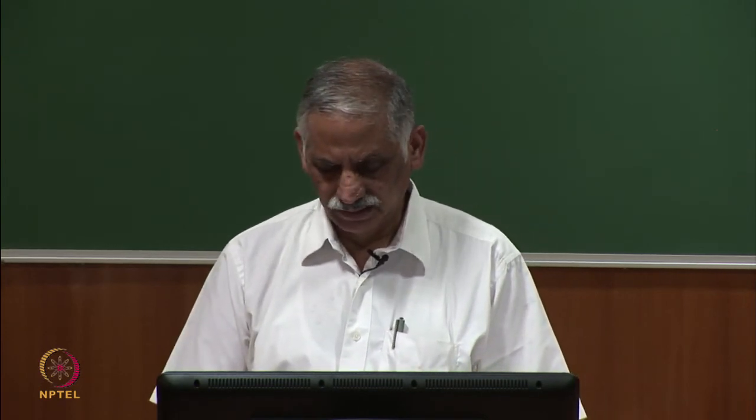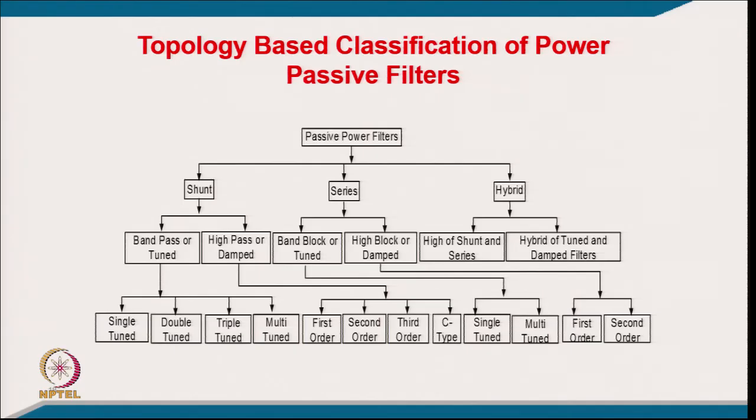Sometimes the third harmonic goes as high as 70 to 90%. So you can certainly block it and bring it back to a very low value by putting a single tuned filter, or maybe even your first order, second order, high block or damp filter. That is the second category of passive filters.